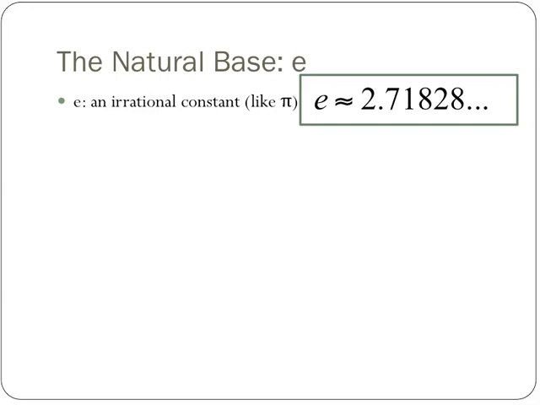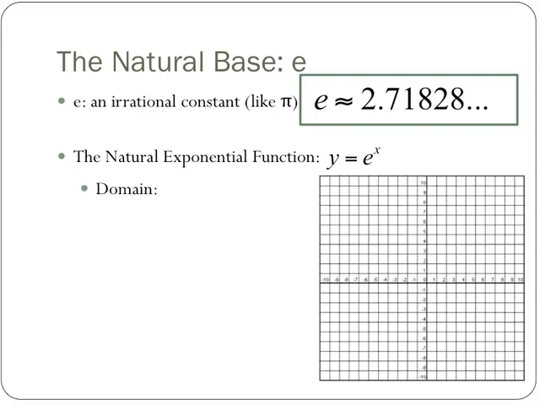So the natural exponential function would be y equals e to the x. So instead of something else being the base, like 3 to the x, 2 to the x, now e is going to be the base, so e to the x. The domain, just like with all the other exponential functions we've seen so far, is all real numbers.